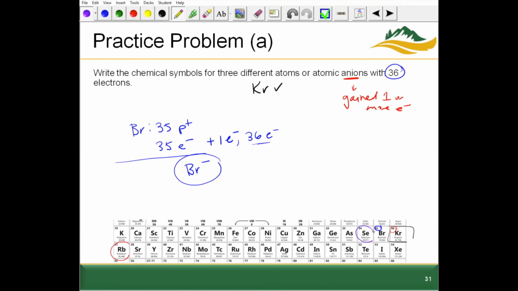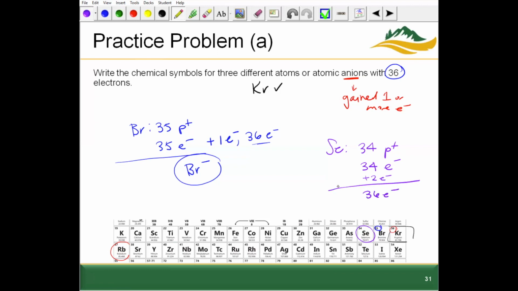Let's go one further back now. So selenium, with an atomic number of 34, that means it has 34 protons. For a neutral atom of selenium, it'll have 34 electrons. To make this into an anion with 36 electrons, we would have to add 2 electrons.